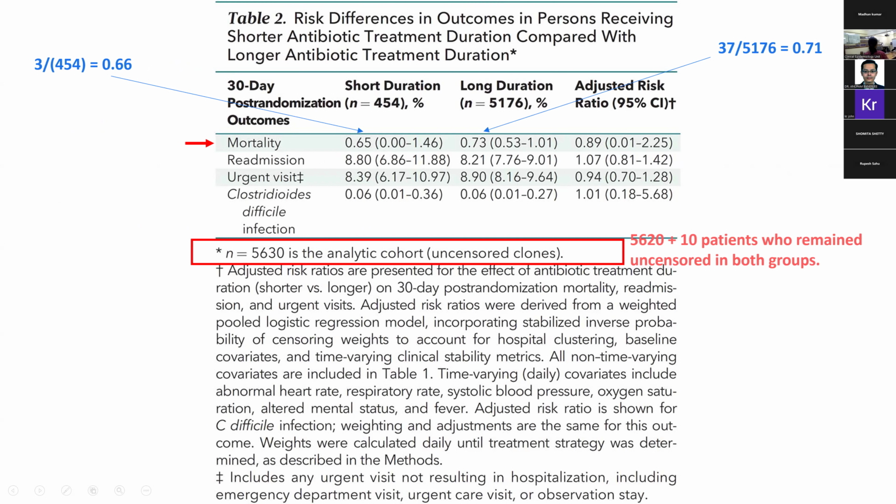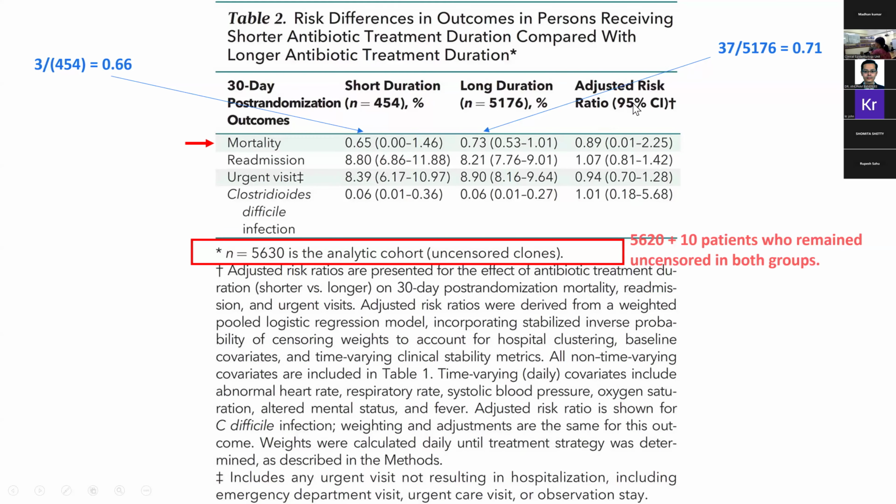Anyway, when I redid this analysis, I had a small difference in the total outcome. So, finally we are looking at those who died divided by those who are uncensored. So, population who had the outcome versus the total population, and in the other arm it is 37 versus 5176. When I did that calculation, this one came to 0.66 for me and this one came to 0.71.